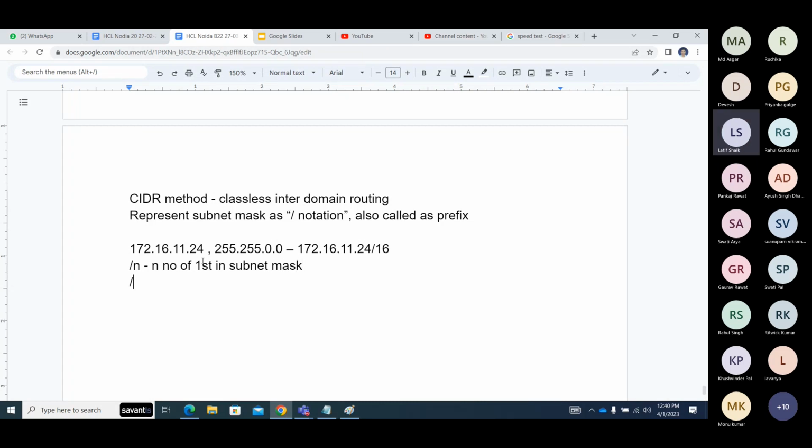For example, /16 means the number of ones is 16 in the subnet mask. The remaining are zeros in the subnet mask. So what is this? 255.